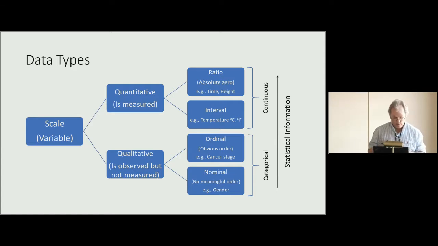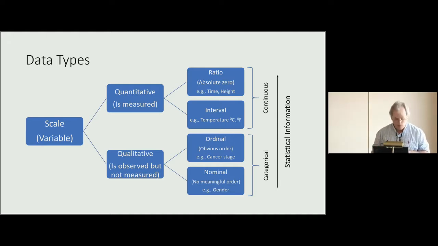This is one whose values are categories without any numerical ranking, such as residence or gender. We have ordinal scale variables. These are values that can be ranked but are not necessarily evenly spaced, for example, stage of disease. So these are categories, but there's a natural ordering to them, right?